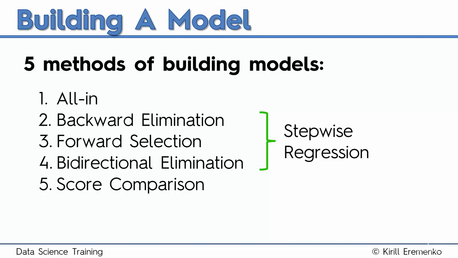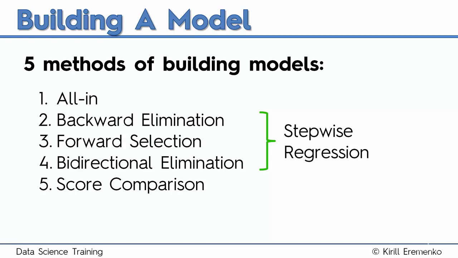And that's fine. That's normal. That's just because, as you'll see from what we discuss, bidirectional elimination is kind of the more general approach. And when people say stepwise regression, they by default imply that it's bidirectional elimination, and you have to infer it from there.